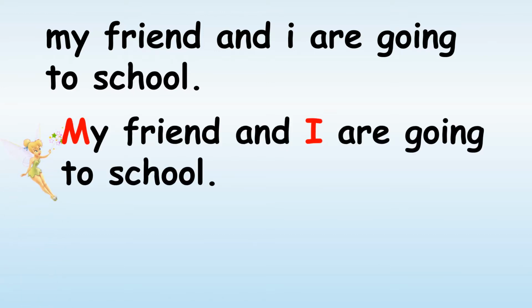Remember in our last lesson, we said that we always begin a sentence using a capital letter. So we have a capital M to begin the sentence, and we also change the I to capital. My friend and I are going to school. So when we are writing the letter I by itself, we always use a capital letter.